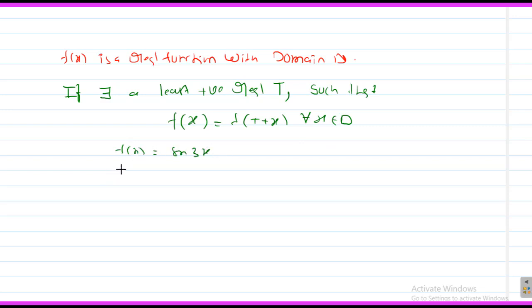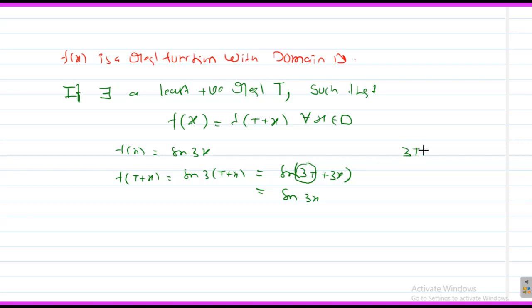We want to find its period. Just use the definition. f of x should be equal to f of t plus x. Find f of t plus x. f of t plus x means sine of 3 into t plus x, which is the same as sine of 3t plus 3x. So what should we get here? You want sine 3x only, you want f of x only. So instead of 3t, what should we write?